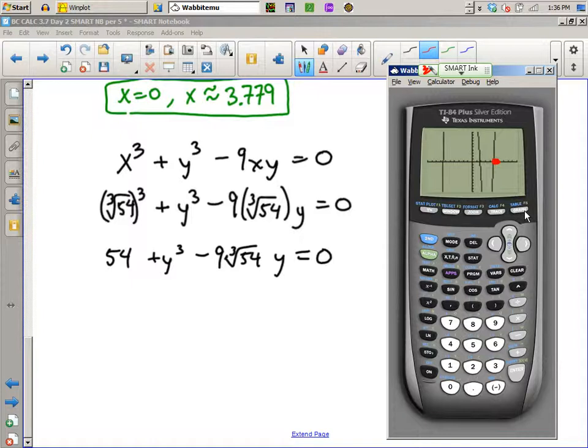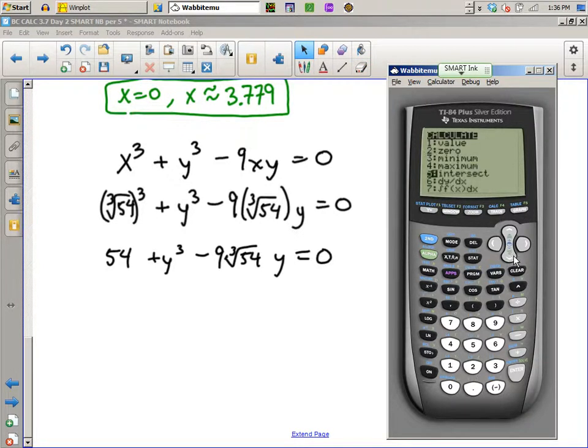So let's go ahead and do that feature where we make the calculator find the root. Let's do second calc. Let's go to 0. That'd be this one. And let's go over to that furthest point on the right, the third root here. So we want that one.